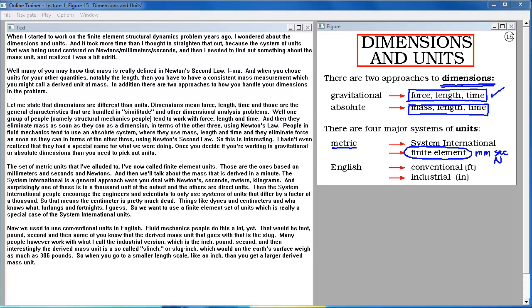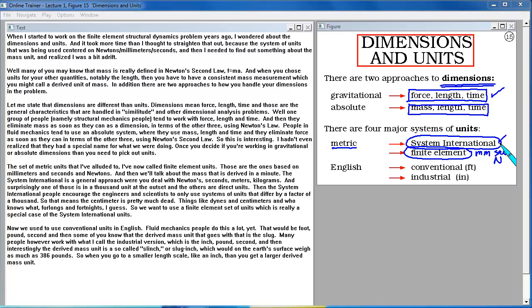The System International is a general approach where you deal with Newton, second, meters, kilograms. Surprisingly, one of those is in a 1,000 unit at the outset, and the others are direct units. Then the System International people encourage engineers and scientists to only use systems of units that differ by a factor of 1,000.